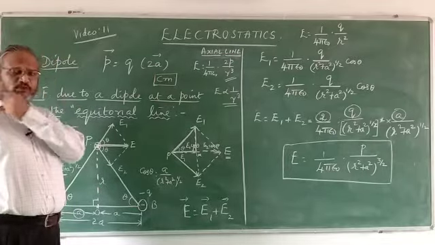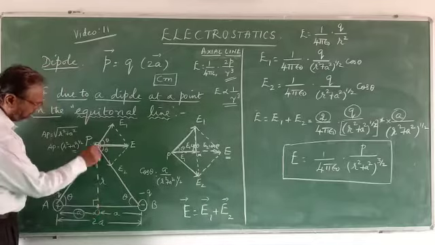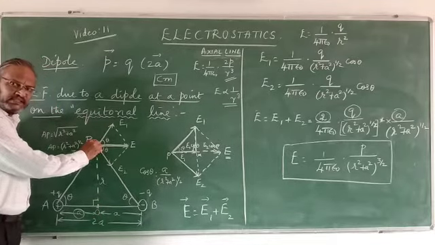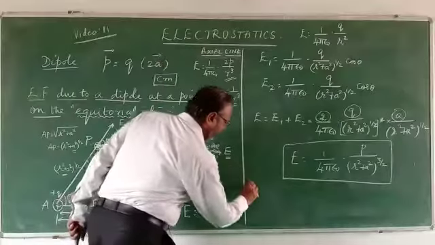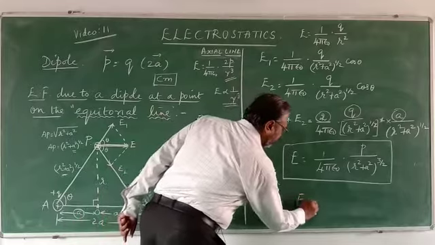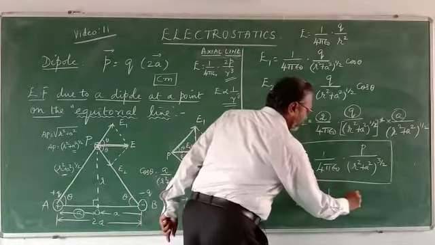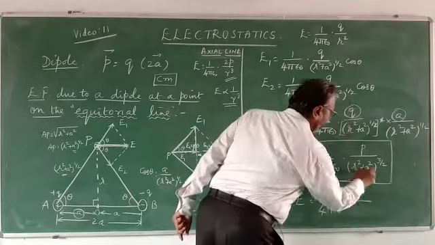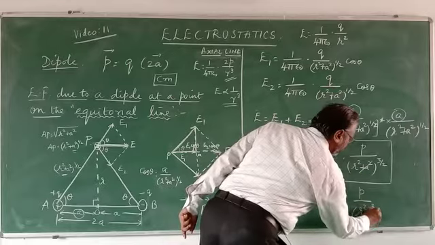Now we have to make a small change here. As I said earlier, if the distance where the point is there is very much greater than the distance of separation, we can put a condition r is very much greater than a, then E is equal to 1 upon 4 pi epsilon naught into p divided by, a gets negligible, r square power 3 by 2.